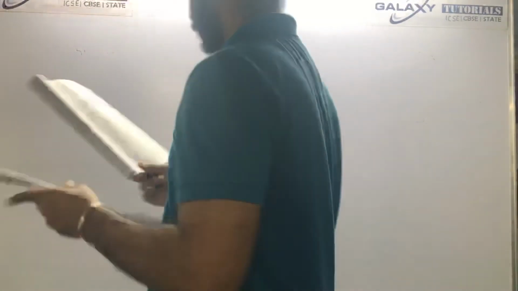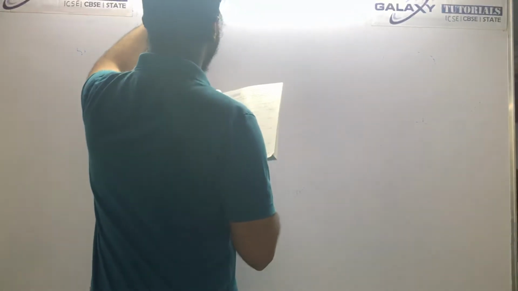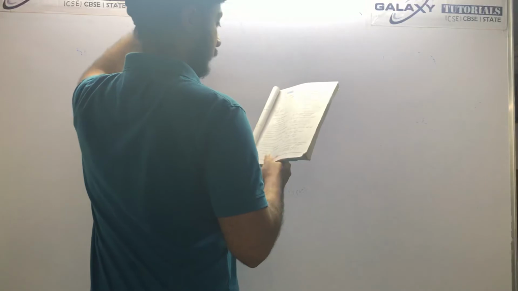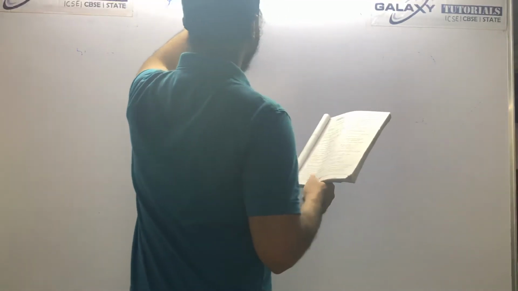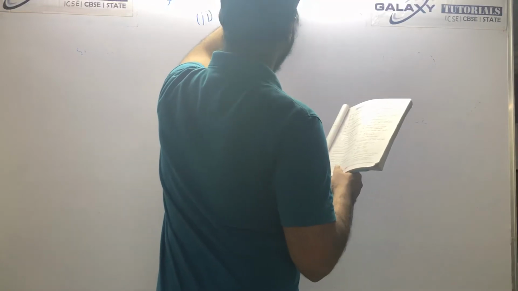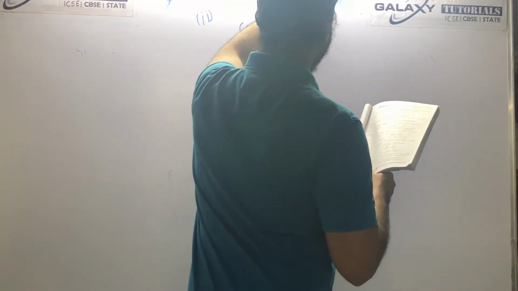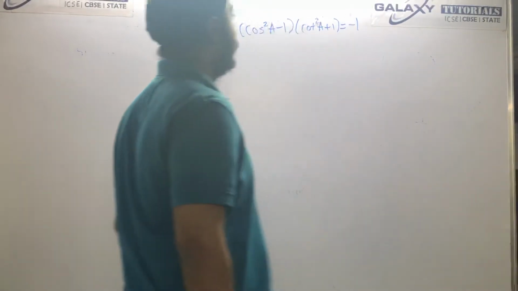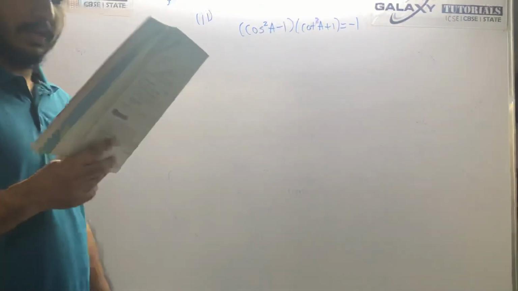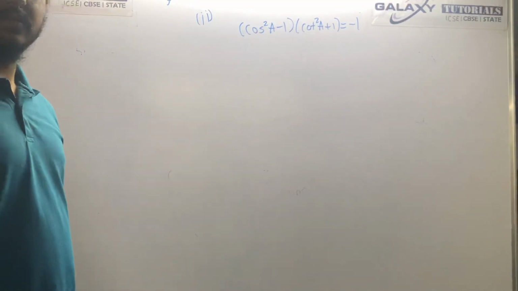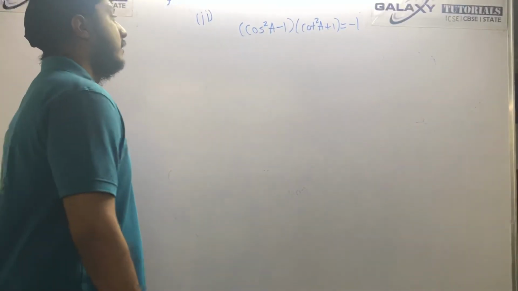Next part is cos square a minus 1 into cot square a plus 1 is equal to minus 1. Okay, so this is the question that they have asked you.